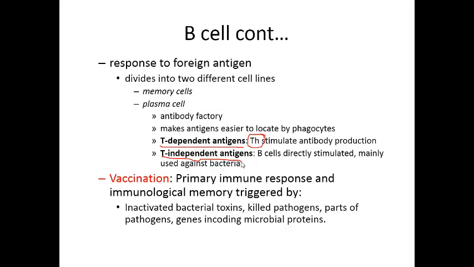Vaccinations are performed to build up antibodies within the body. When someone receives a vaccination, they are injected with an inactivated bacterial toxin, a killed pathogen, viral proteins, viral genes, or a piece of an antigen.